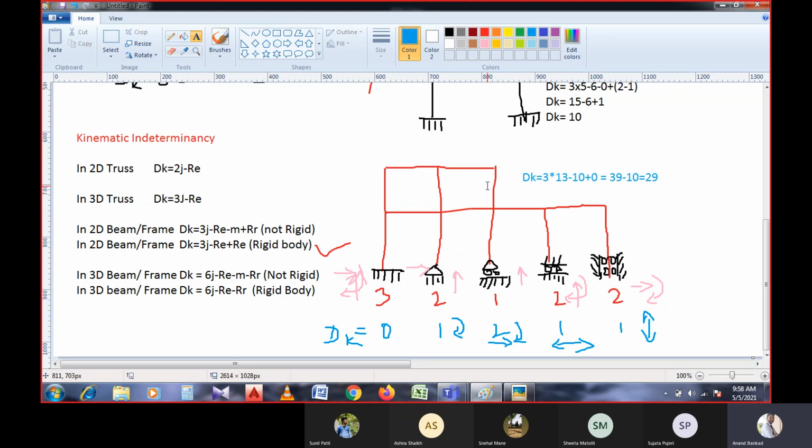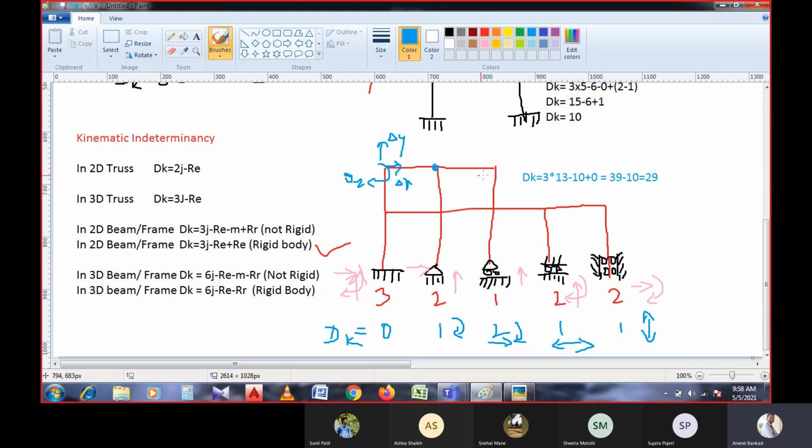Or else we can have the calculations in this frame only. So here in each joint we'll be observing delta y and delta x and the movement theta in z direction.